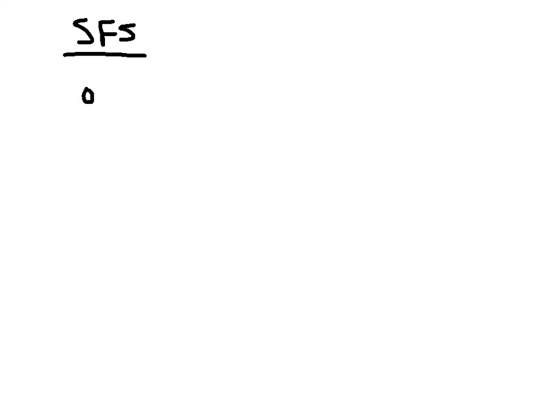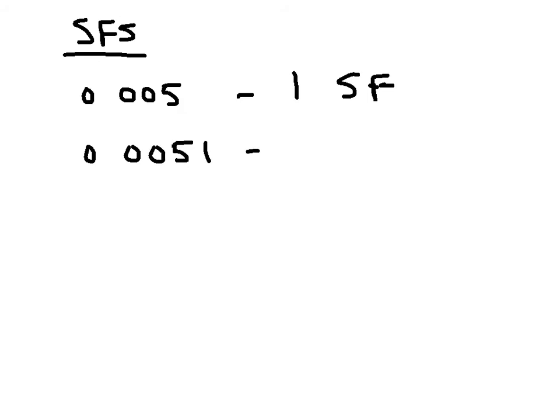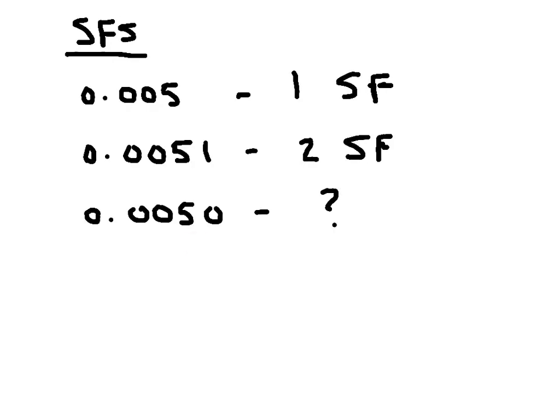So 0.005 only contains 1 significant figure. 0.0051 contains 2 significant figures, and 0.0050, how many significant figures do you think are in this number? Clearly the 5 is a non-zero, so it is.